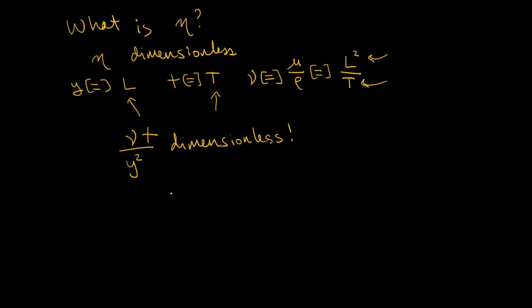This is something that would satisfy the equations. We're actually going to flip this over and take the square root in terms of writing down eta, just because people found that this gives a nice answer to the problem. This is what most textbooks will use when trying to solve this problem. So we're going to write down eta is equal to y divided by the square root of nu times t, and this is still dimensionless.